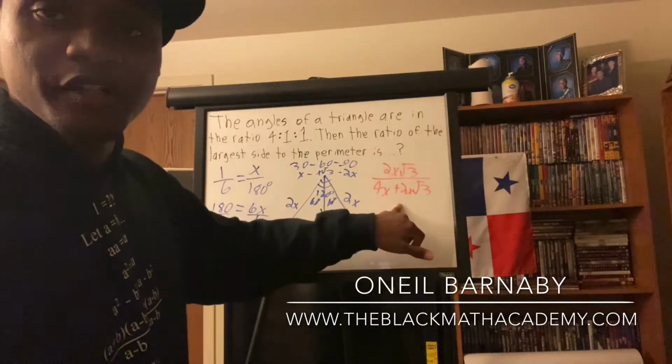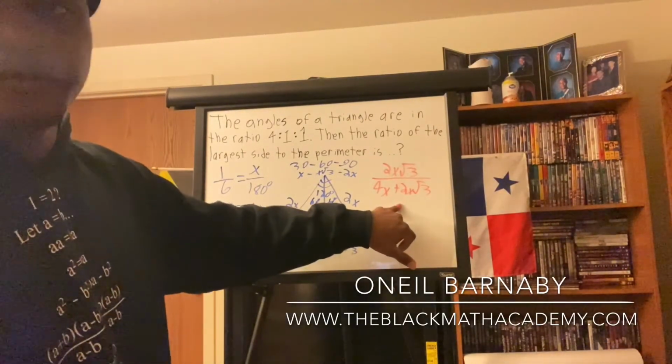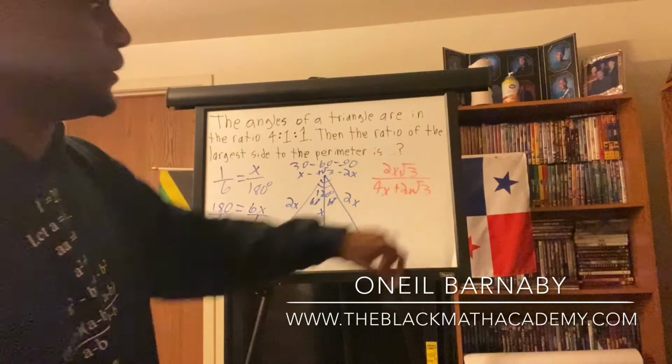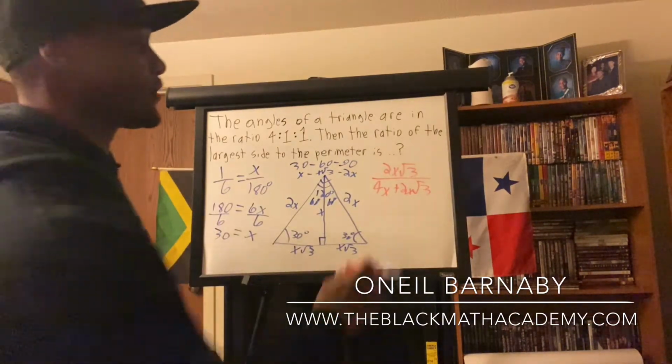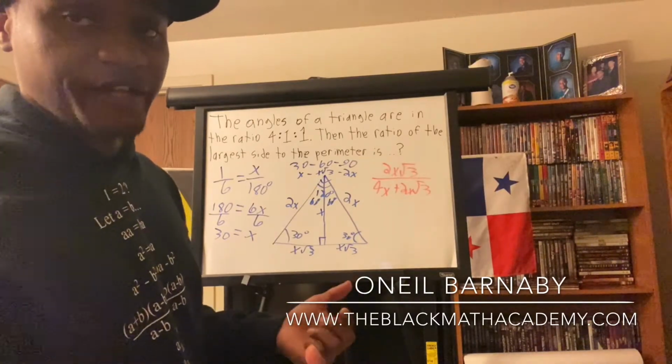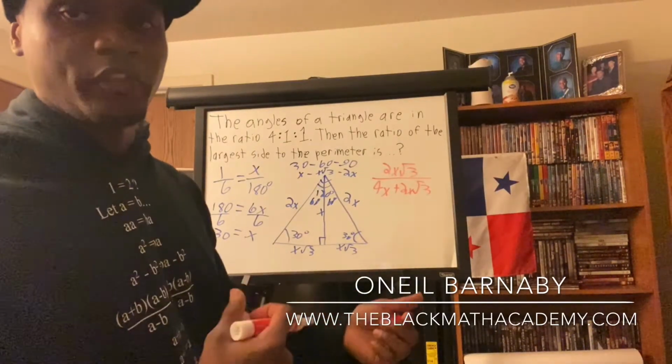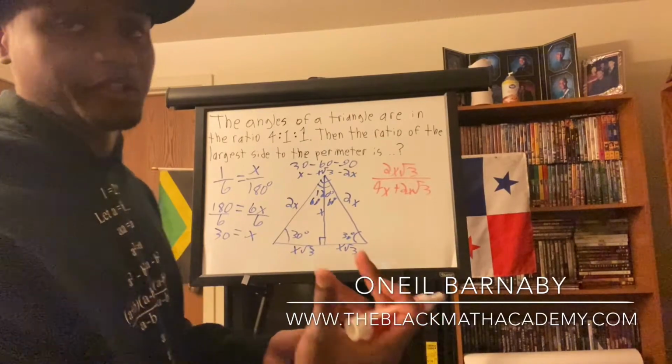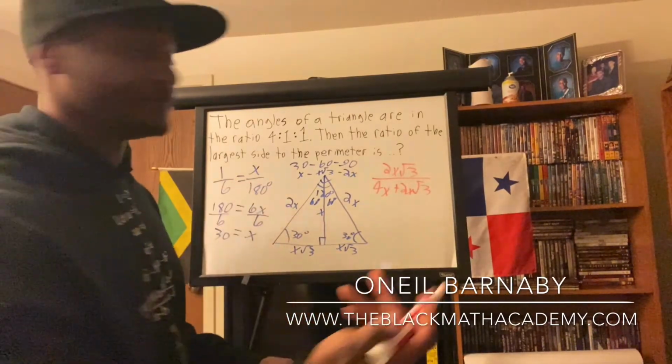And then from here, we can simplify this fraction by pulling out a common factor from the denominator. So 4x and 2x have something in common, and that value is 2x. So we're going to pull that factor out, and what's left will be the distributive property.